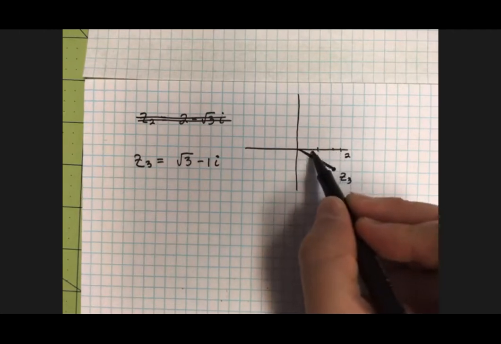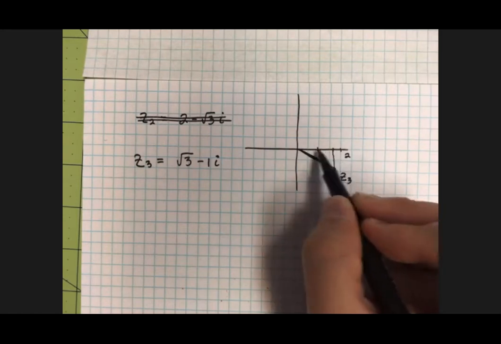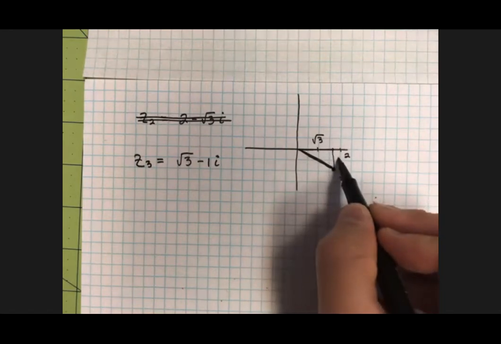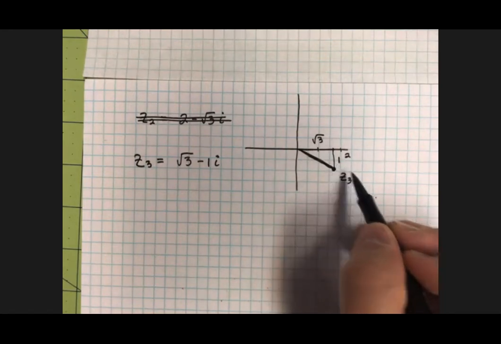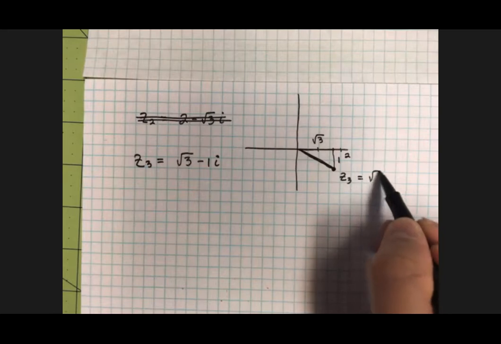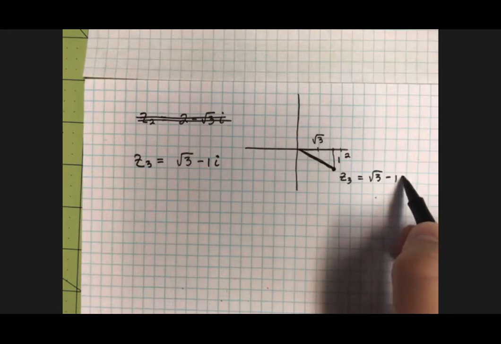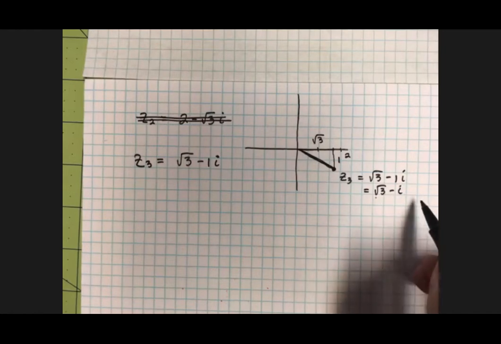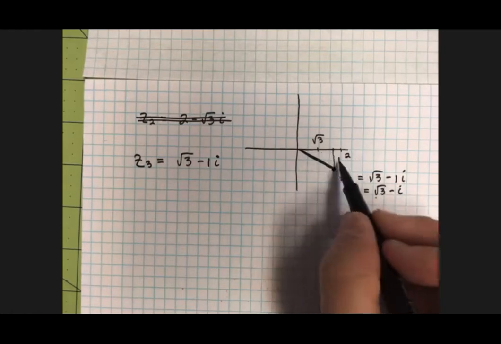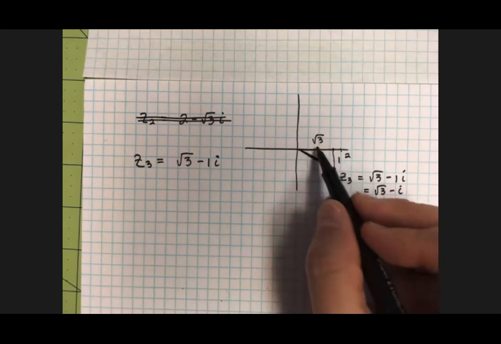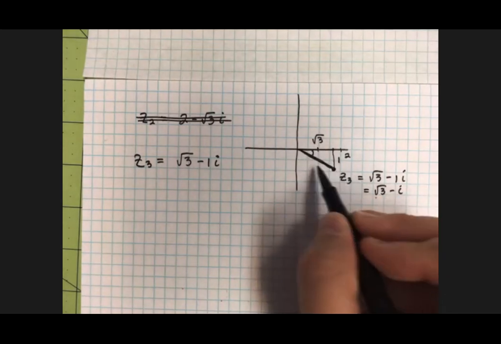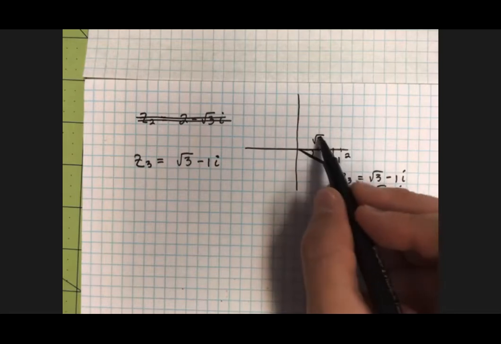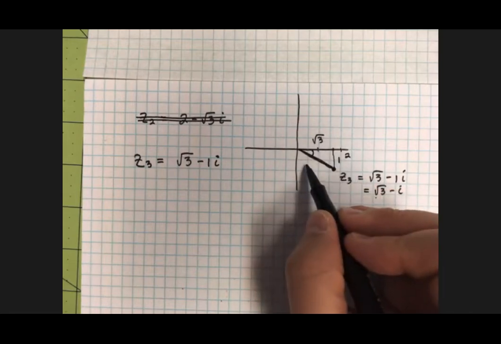This angle doesn't really catch your attention until you fill in the triangle. If this is root 3 and this is 1 downwards, you could also just write root 3 minus i. Then this is what? Short leg, long leg of a 30, 60, 90 triangle. What's the hypotenuse? 1 squared plus root 3 squared is 1 plus 3, which is 4. Square root of 4 is 2.